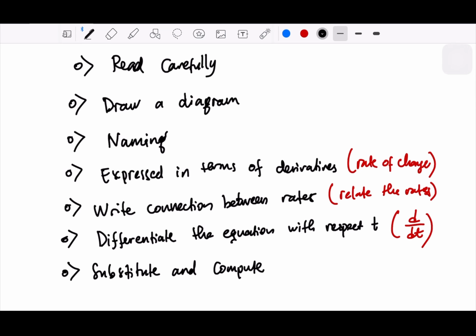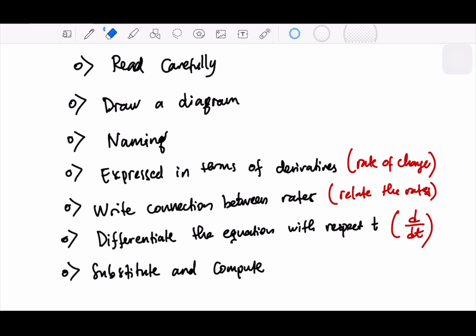And then you need to mark all the rates that are given in the information. And you can express in terms of derivative, dV over dt, like that. And then write connections. Usually when you write the connections, you write the formula, that would be volume, area, okay.